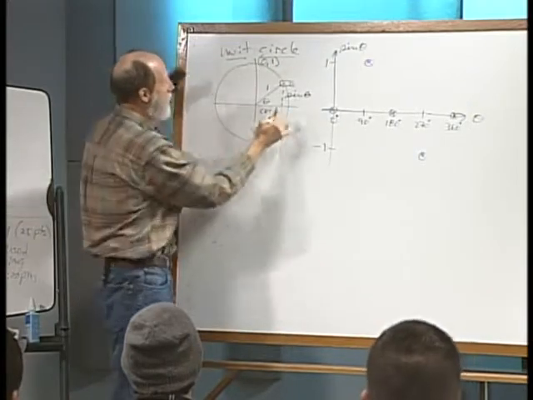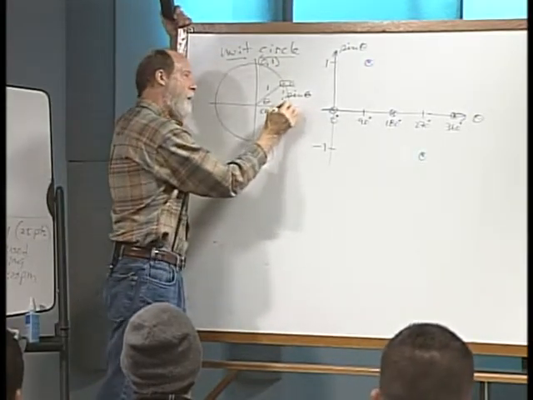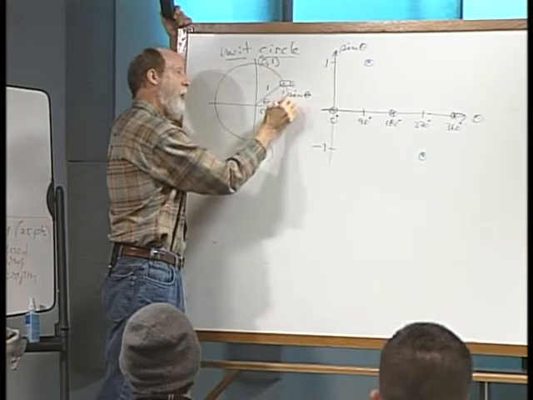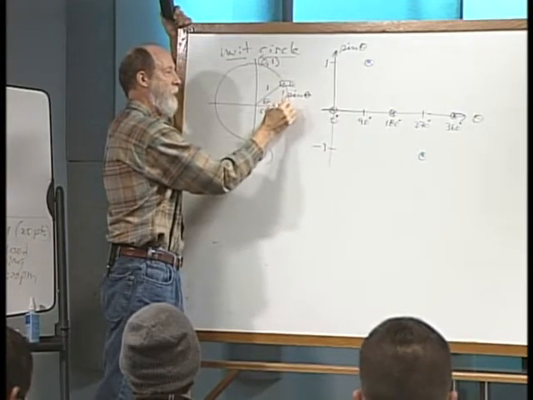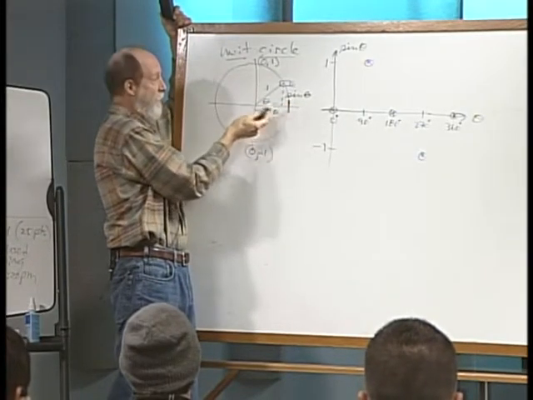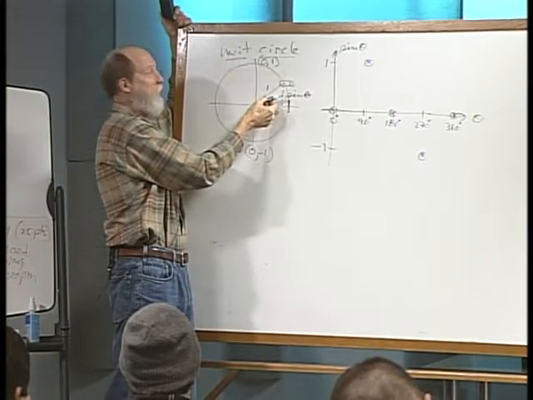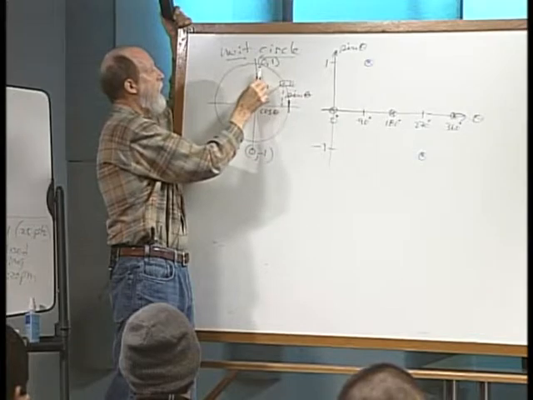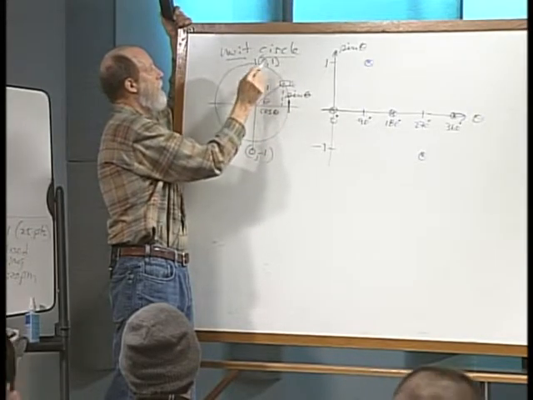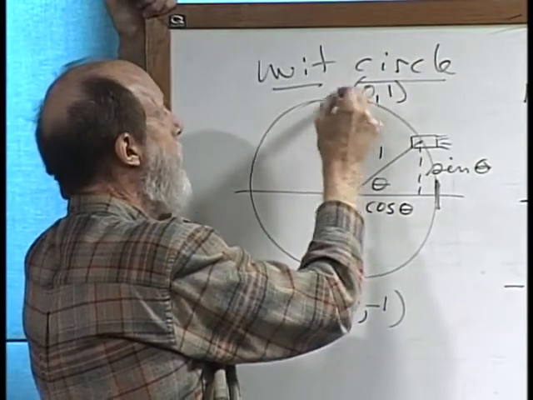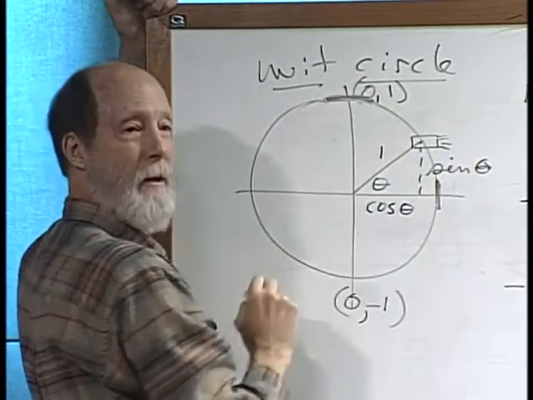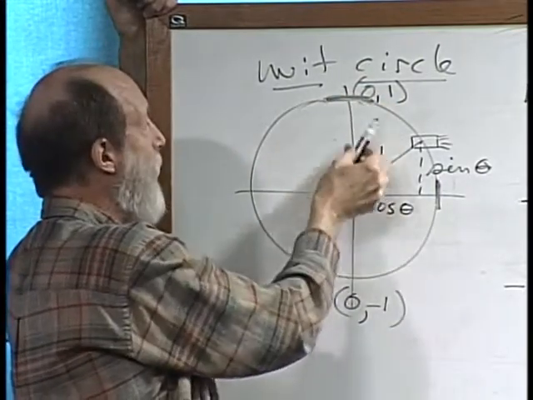As I mentioned last session, this thing takes off and climbs very quickly near 0 as you let the angle change. It's rising quickly, relatively speaking. And when the angle is near 90 degrees, it's kind of hovering up in here near 1 for a while as the angle changes.